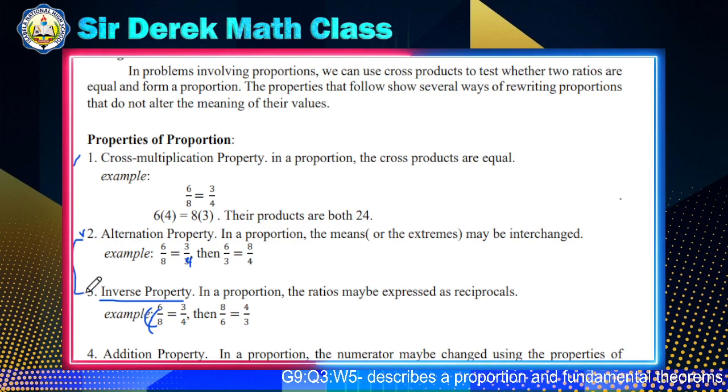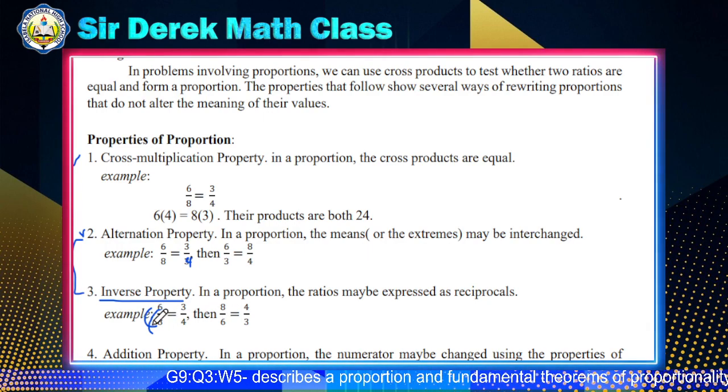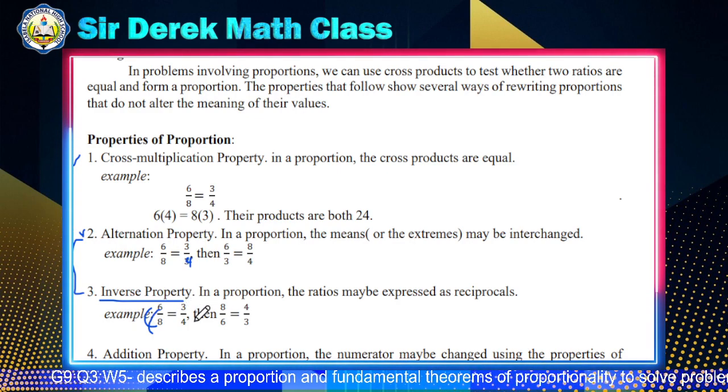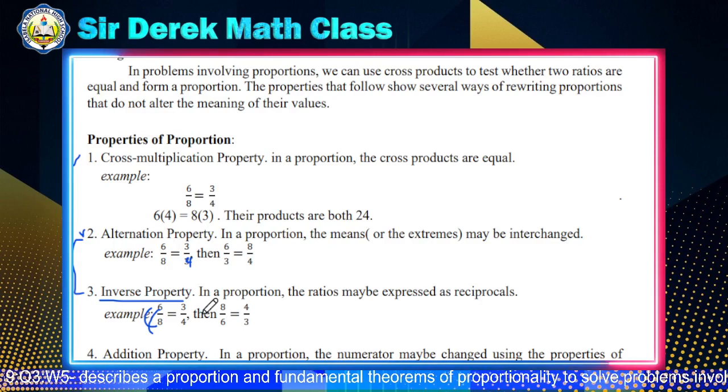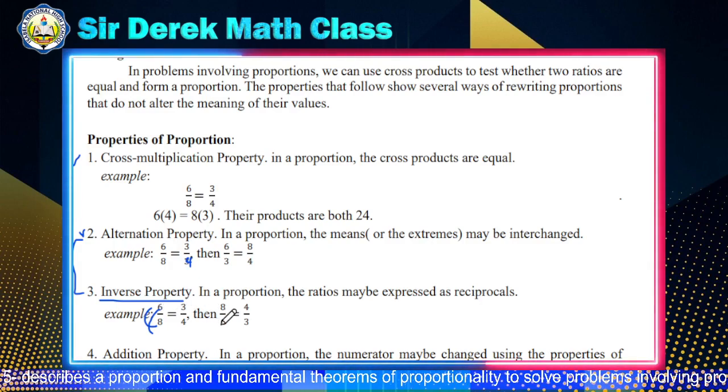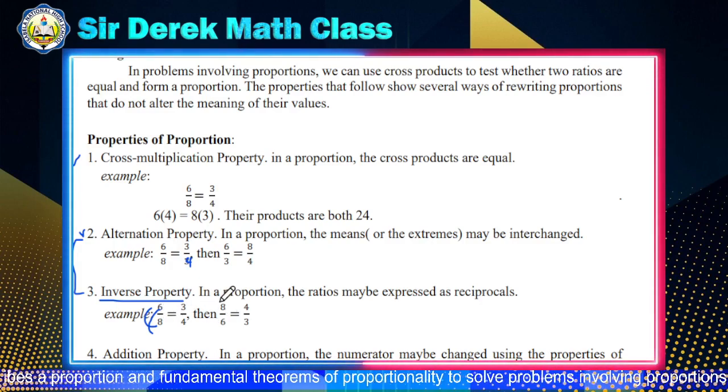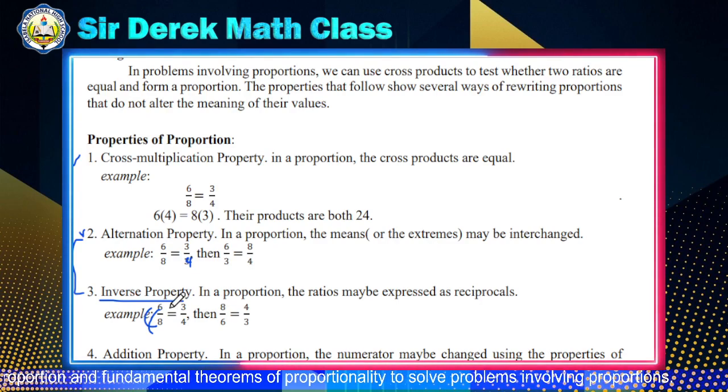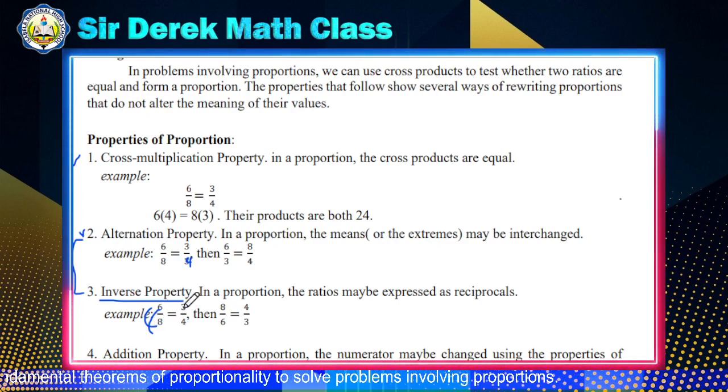Sa inverse property, meaning yung order, if you change the order of the first ratio, the other ratio will also change. Okay? Yung numerator mo magiging denominator, yung denominator mo magiging numerator. If you do that here, you must also do the same on the second ratio.